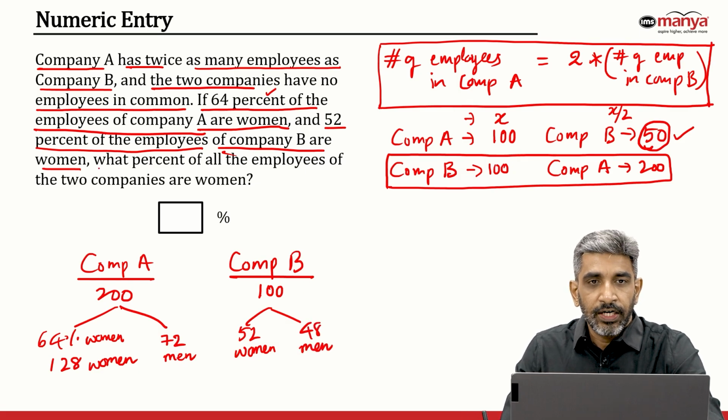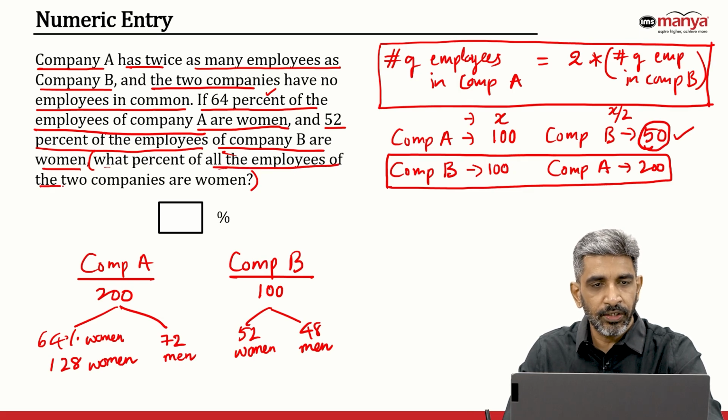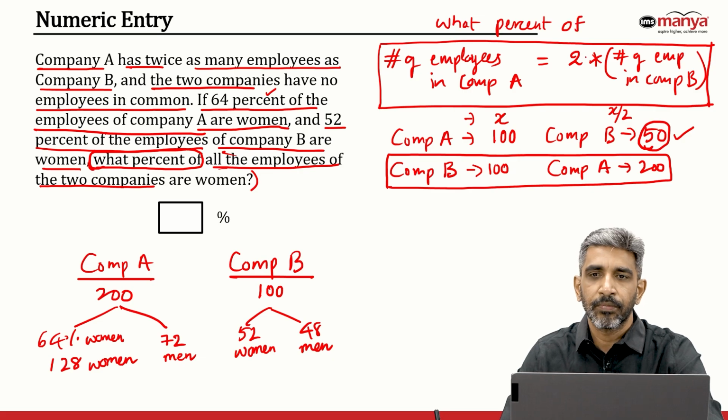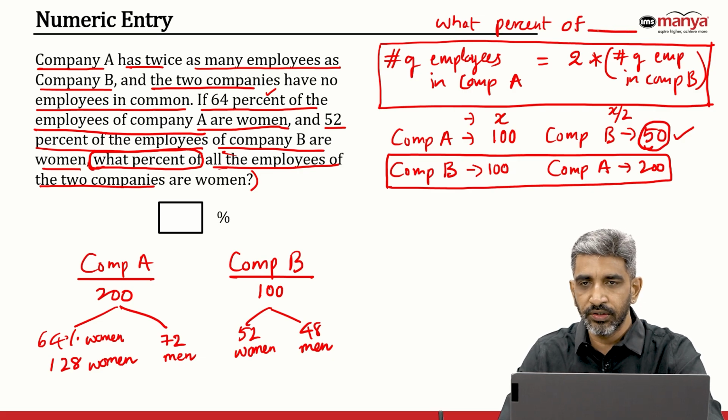Let's read on to the final question now, the question stem, which is the actual question we are trying to solve. What percent of all the employees of the two companies... Now, the moment you see "what percent of," the part that comes after this phrase is a very important key phrase for you, because whatever comes after this is your whole value.